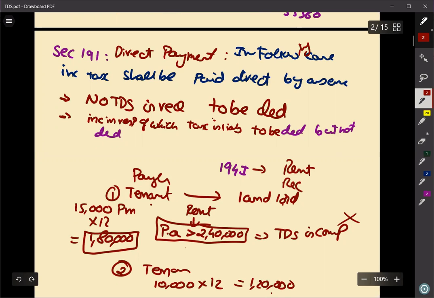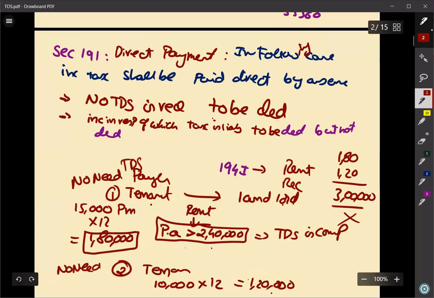Even this 1,20,000 is less than 2,40,000. So for tenant number 1, no need for TDS. For tenant number 2, no need for TDS. These two people have not deducted the TDS, and the total amount received by the landlord is 1,80,000 plus 1,20,000. In total, he has received 3 lakhs.